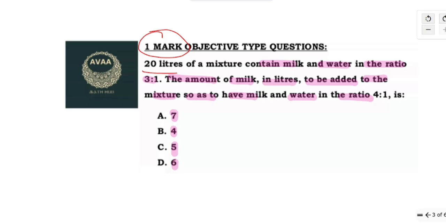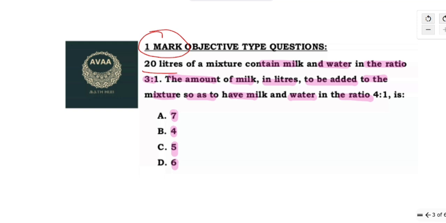So here the amount of milk in liters to be added to the mixture has been given here. So according to the question, the quantity of the milk has to be found.